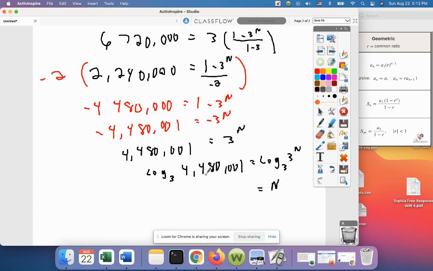Type that in your calculator. You can use your change of base formula. You may have a calculator that you can type this in. But if you don't, it's just log of 4,480,001 divided by log of 3. If you type that in your calculator, you get, where's my answer?